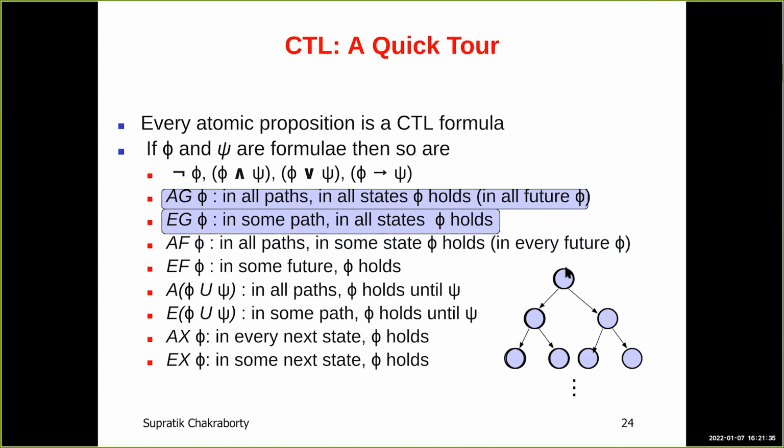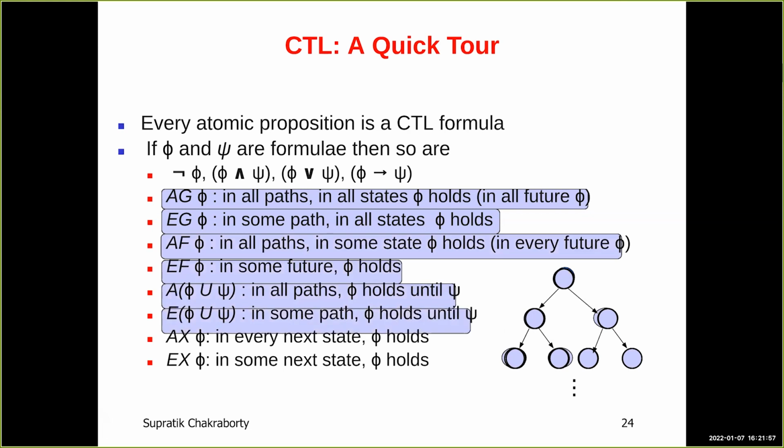EF phi would mean there exists a path in which finally phi holds. A phi until psi means along all the paths, phi holds until psi holds. Similarly, E phi until psi. AX phi means along all the paths in the next state, phi holds. And EX phi means there exists a path so that along that path in the next state, phi holds.